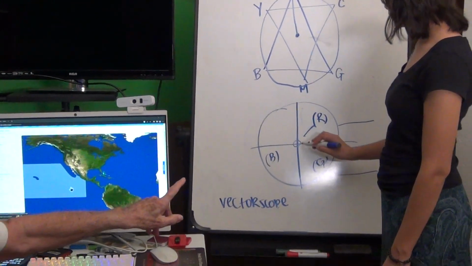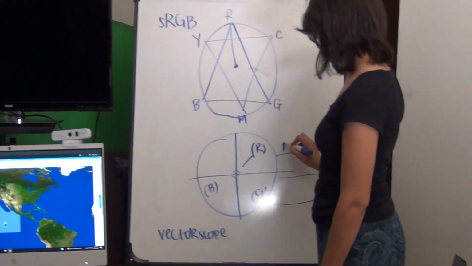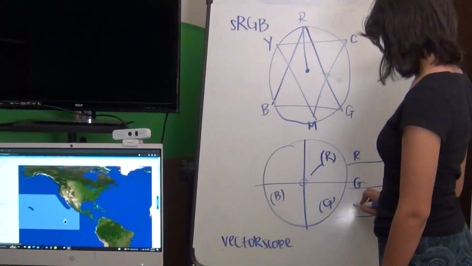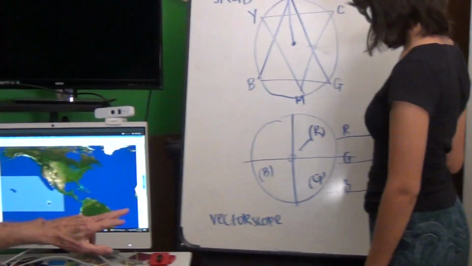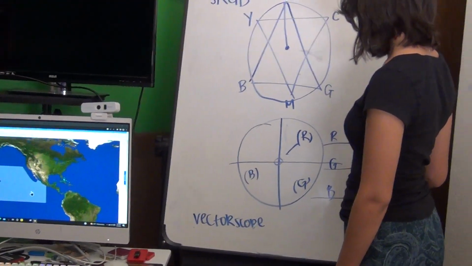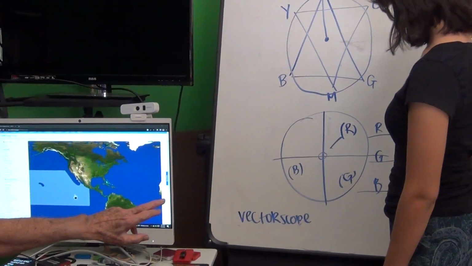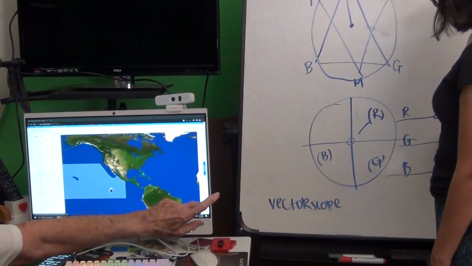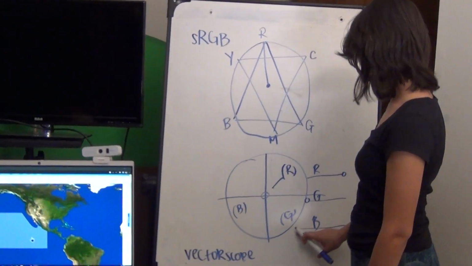Put RGB on it, the lines are R, G, B. Now put a circle at the end of it. Put a circle at green and blue, the other end. 0. Are you tracking me?